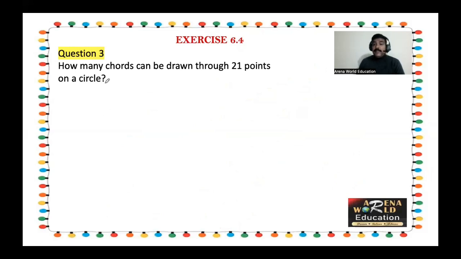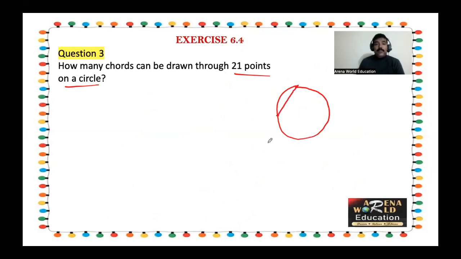In question number 3, how many chords can be drawn using 21 points on a circle? Do you know what a chord is? If we have a circle and we join any 2 points, that will be a chord.